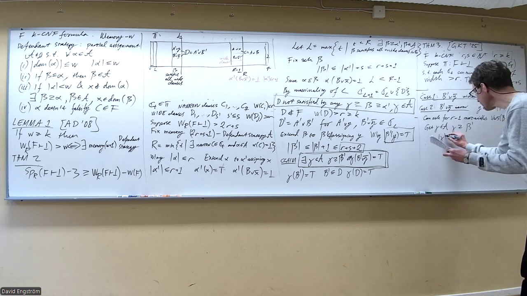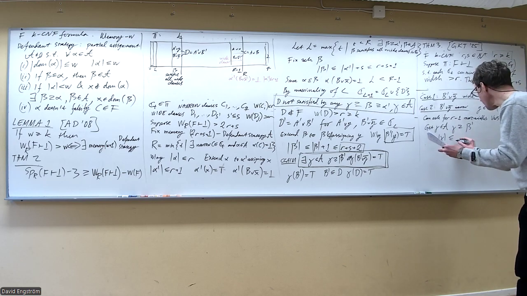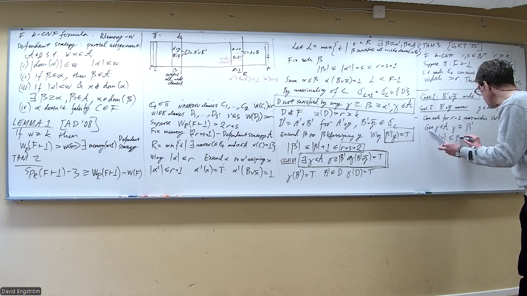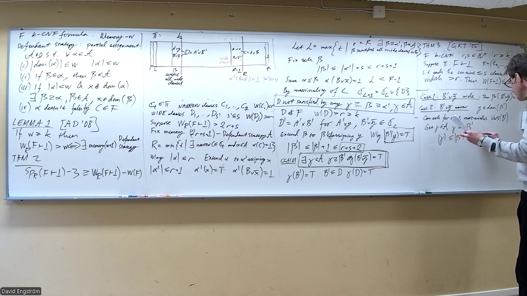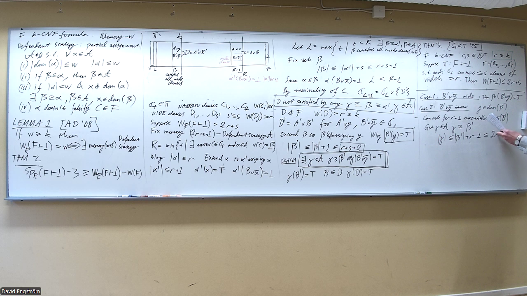And as I said, we had space to do this. Gamma prime is at most beta prime plus r minus 1, which is at most 2r plus s plus 1. So we're hitting the budget limit right here.